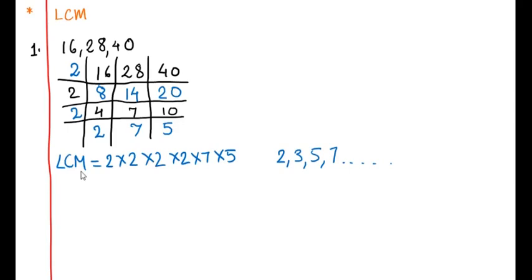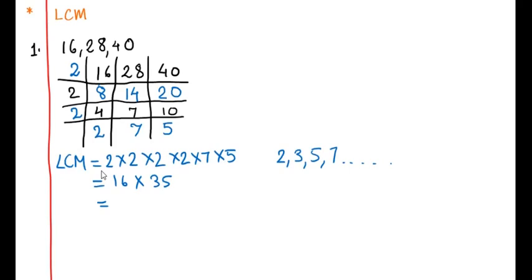So now just tell me, 2 2s are 4, 4 2s are 8, 8 2s are 16. Okay, so we'll write here 16 into 7 5s are 35. Now if we multiply 16 into 35 in rough work, we will get the answer 560.